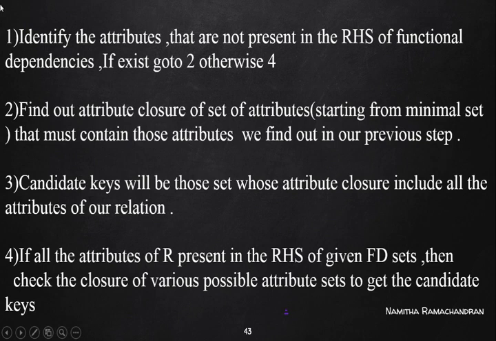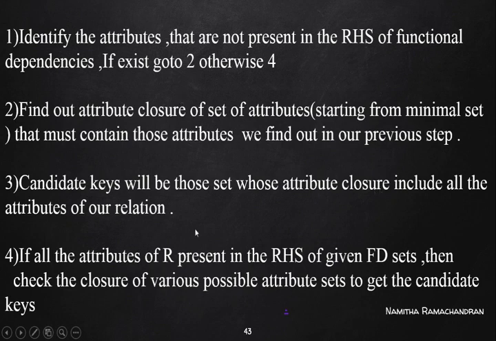Okay, and a candidate key will be those sets whose attribute closure includes all the attributes of our relation. So this is actually the definition of our candidate keys. After finding the closure of different such attribute sets, check whether this particular closure of an attribute set contains all the attributes of our given relation.